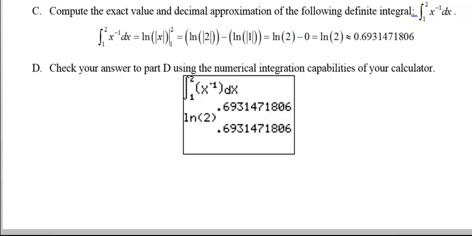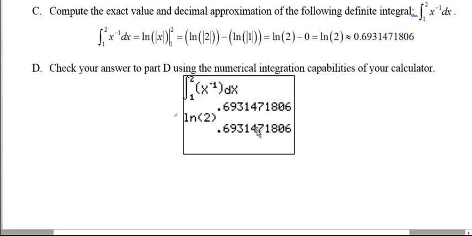Notice there's no way you're going to get a TI-84 calculator, at least, to tell you that that answer is natural log of 2, which is the exact answer. Of course, I can put in ln of 2 on the calculator, and it comes out to be about 0.69314711806 to the limits of that calculator. And if I do a numerical integral from 1 to 2 of x to the negative 1 power dx, that turns out to be exactly the same number, which is a check.